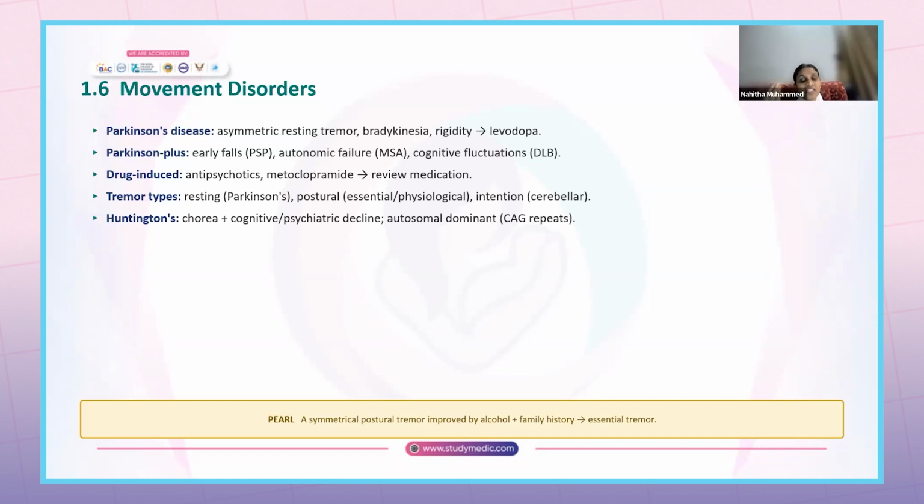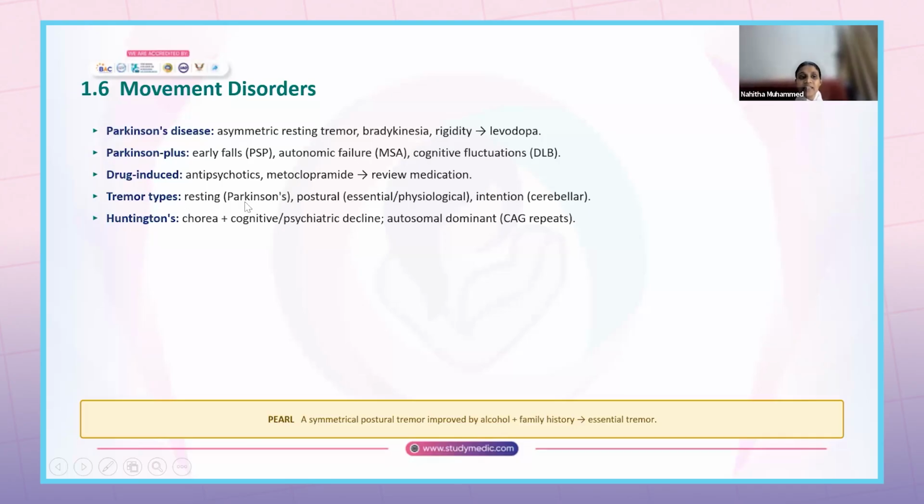In these, there will be other symptoms: cognitive fluctuations in Lewy body dementia. In MSA, there will be autonomic failure, that is postural hypotension, and in PSP, there will be falls. Drug-induced, these are the drugs causing Parkinson's-like features: antipsychotics and metoclopramide.